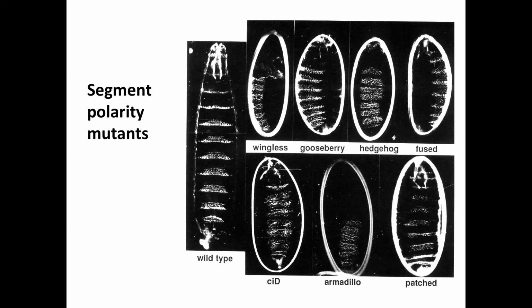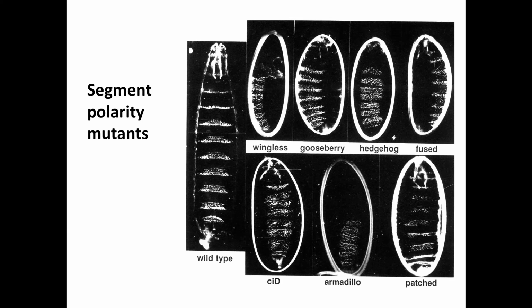Would these genes, which are gap genes, pair rule genes, or segment polarity, because in their screen they divided them into 3 different types. But the question then was, okay, fine, then what is the hierarchy? First of all, is there a hierarchy? And how are the 3 different events talking to each other?